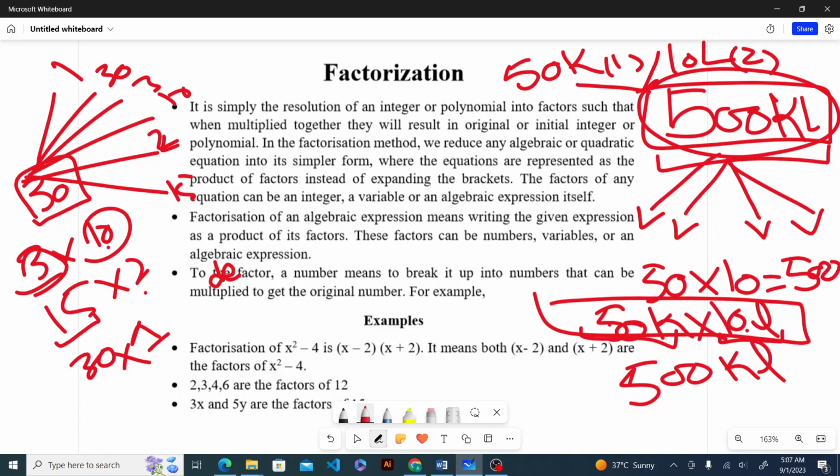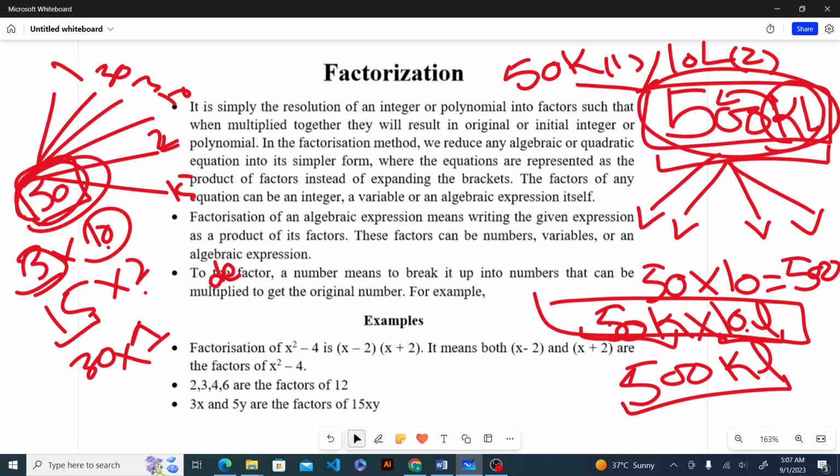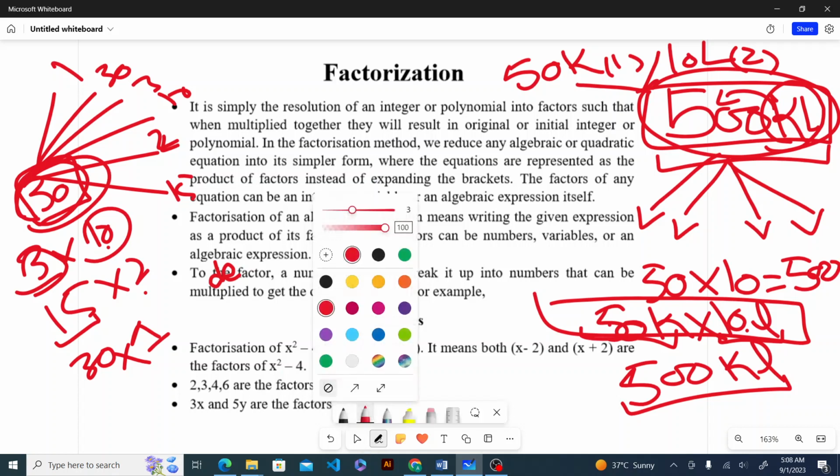So this is the example to factorize only a number, simply a number. We have 30, this is only a number, and when we are dealing with k and l, these are the variables with the constant, with the number. So I have shown you that example as well here, 500 kl, and for only simple numbers I have shown you 30.